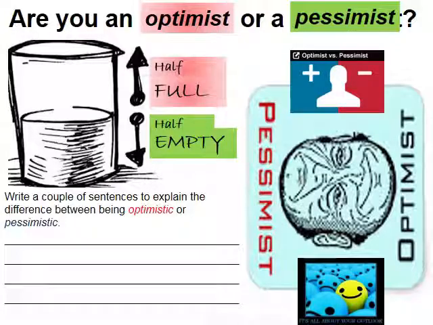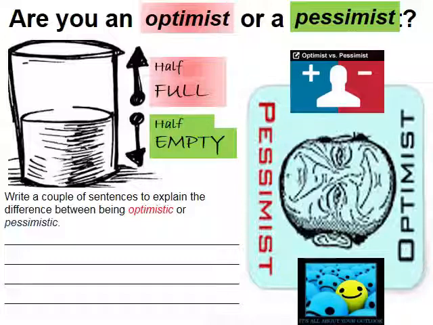Before answering the question about the future outlook, are you by nature an optimist or a pessimist? So when you look at this glass, do you see a glass half empty or half full? And it's interesting, most people are optimistic, especially when they think about themselves. They have a positive outlook.